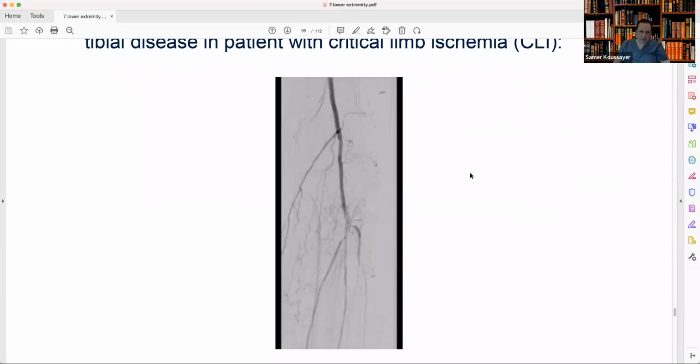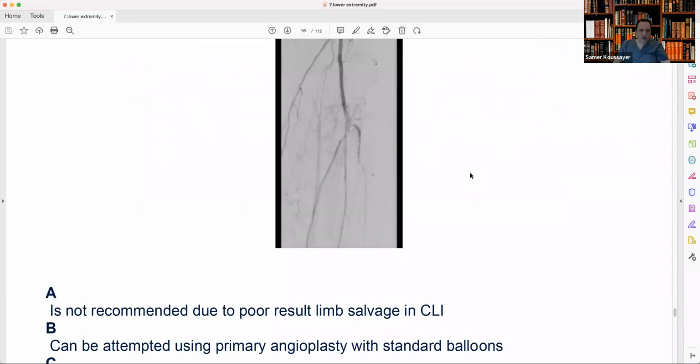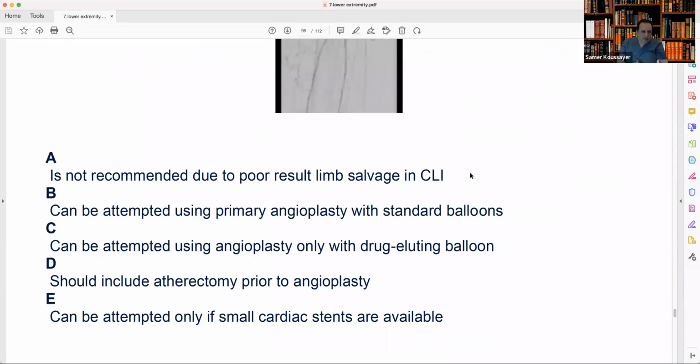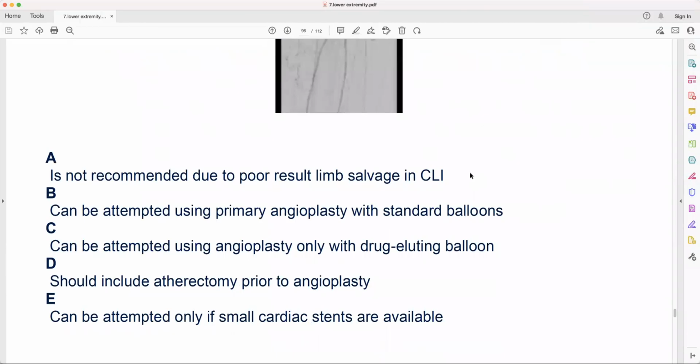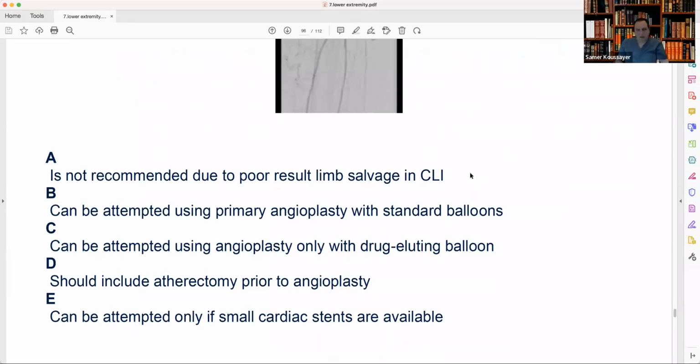Well, let's see what options they give you here. Let's go one by one. It's not recommended due to poor result of limb salvage in critical limb ischemia. Is this correct? No. Angioplasty, so it's poor result in what?